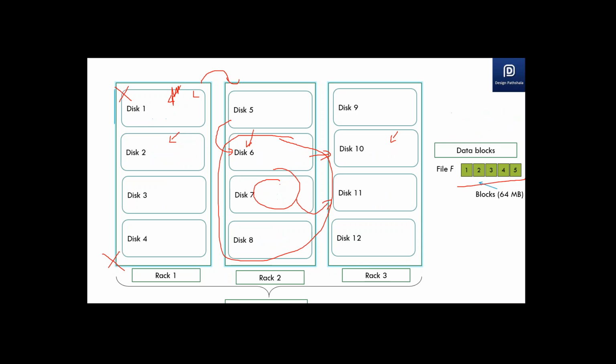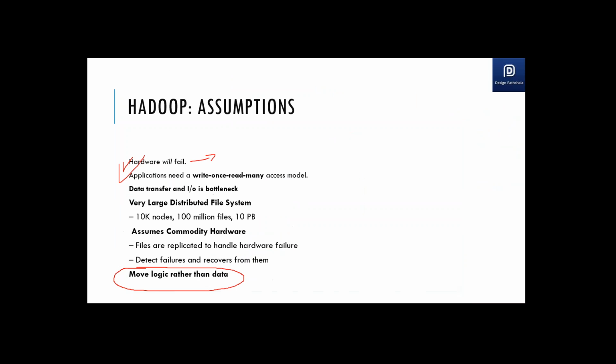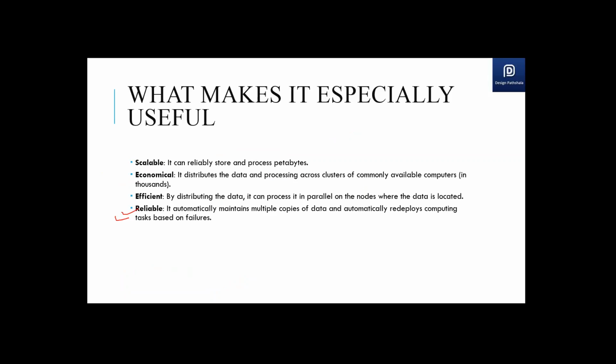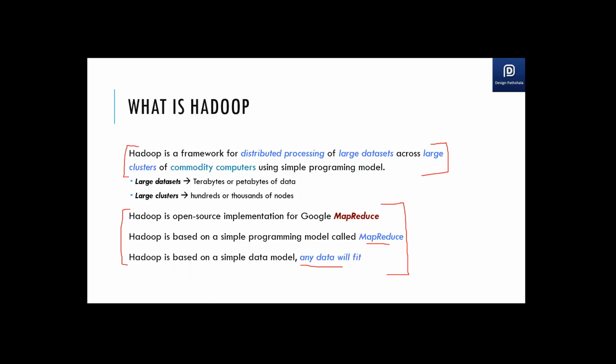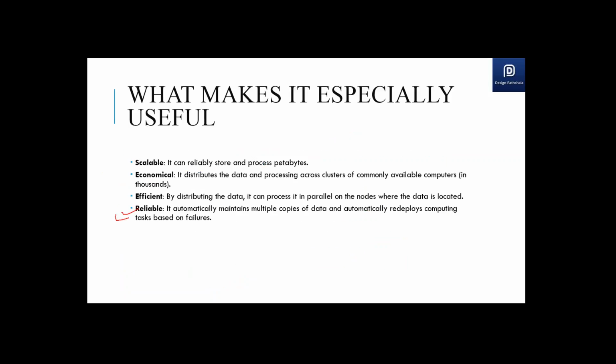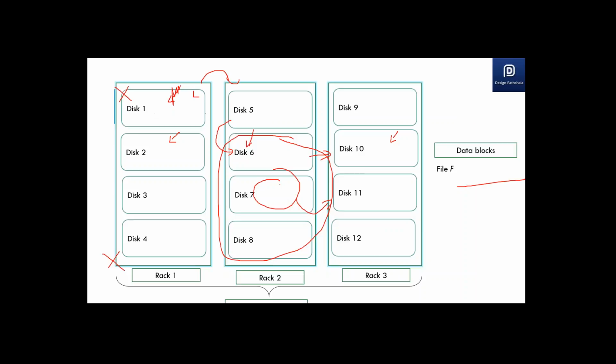Two things. One thing is hardware can always fail, so we have to make the system reliable. The property of the ecosystem is that the system has to be reliable. Now, if your disk 1 is down, or the whole rack 1 is down, you are lost with your data.